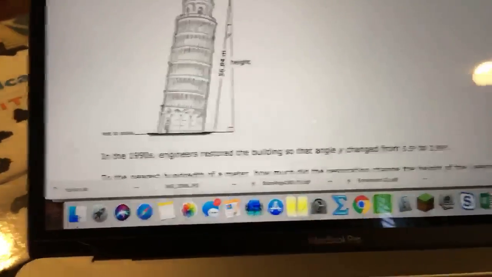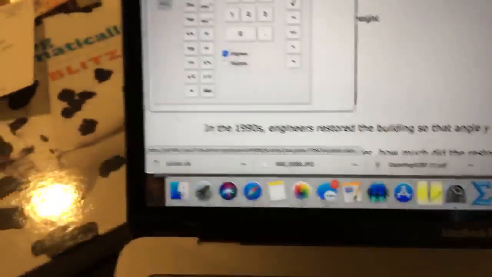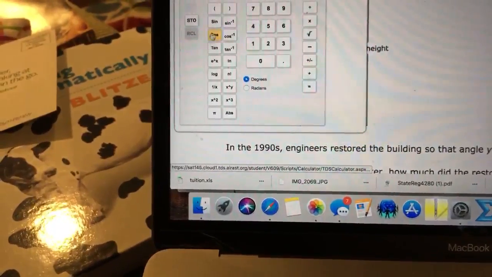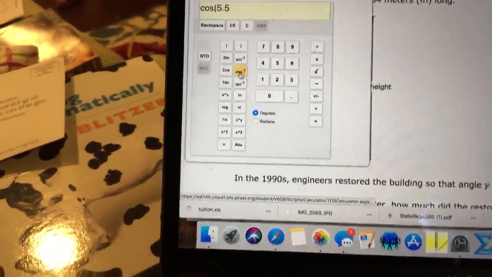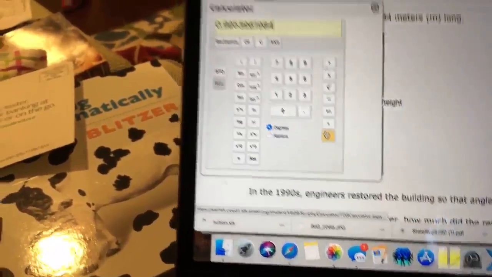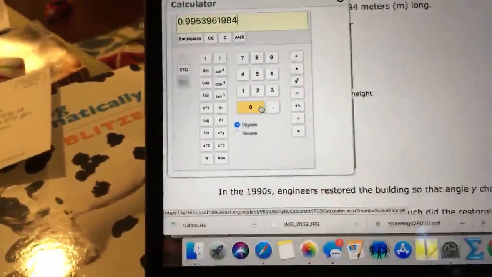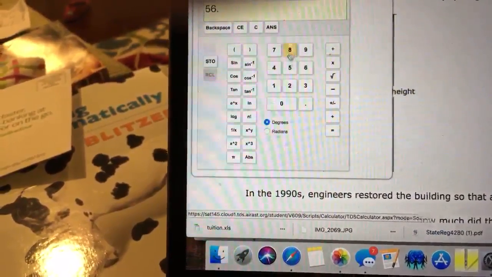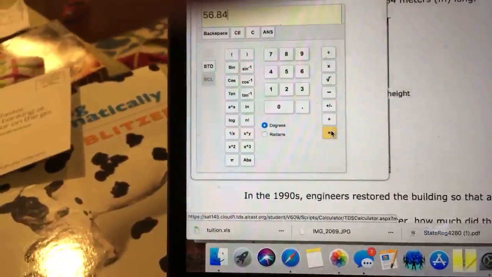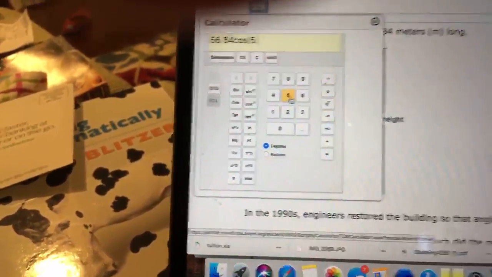Okay, so now I have the calculator, so I can do cosine of 5.5, close, enter, and I'm going to multiply that by 56.84. Oh, I forgot. Okay, cosine 5.5.